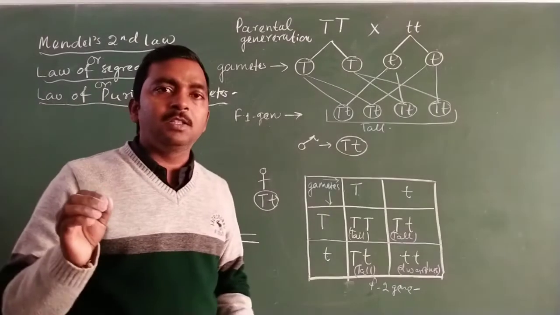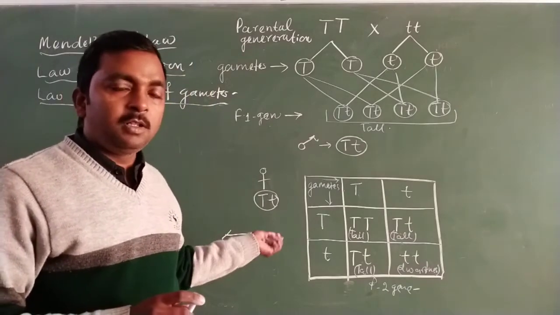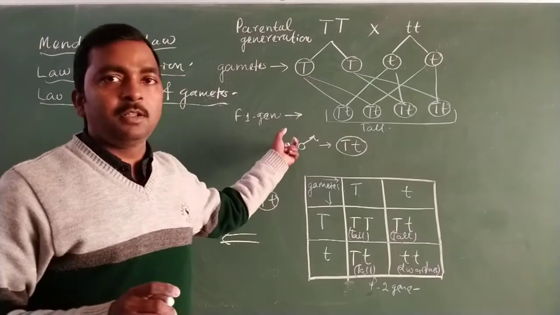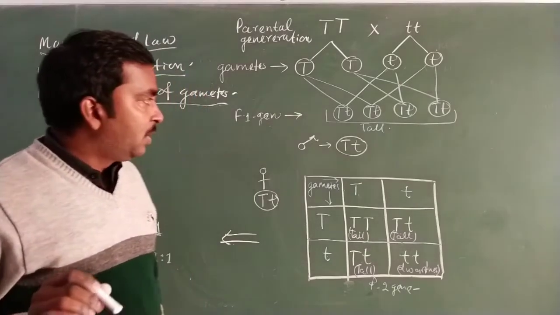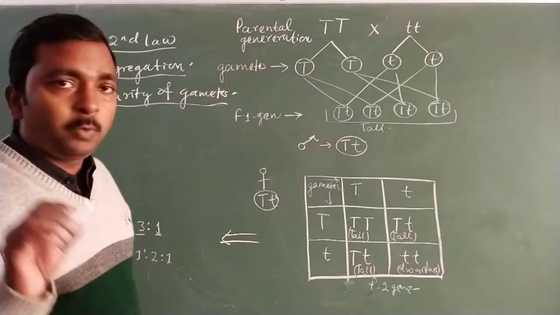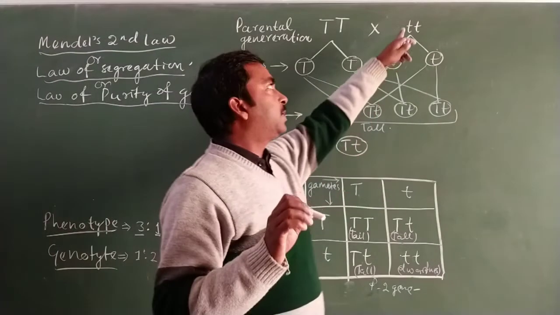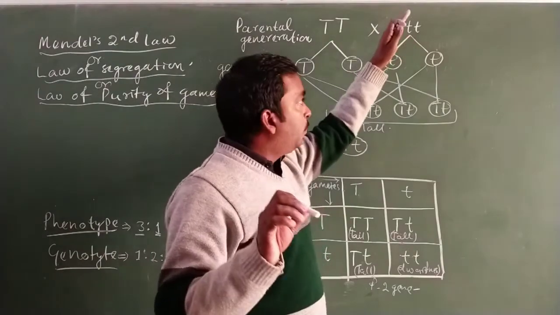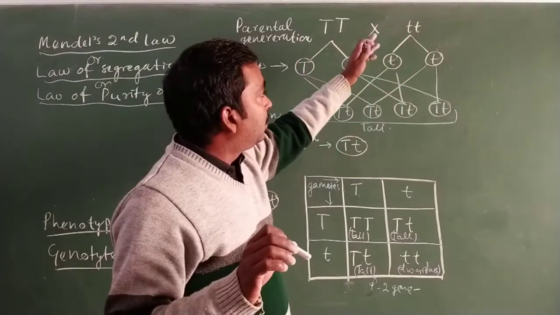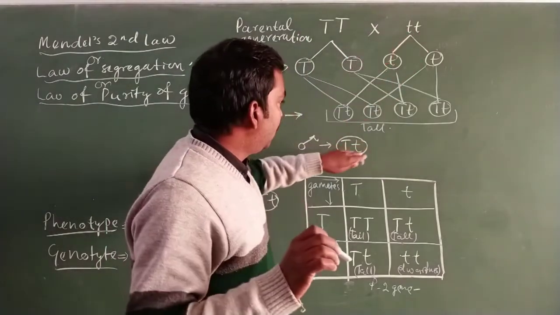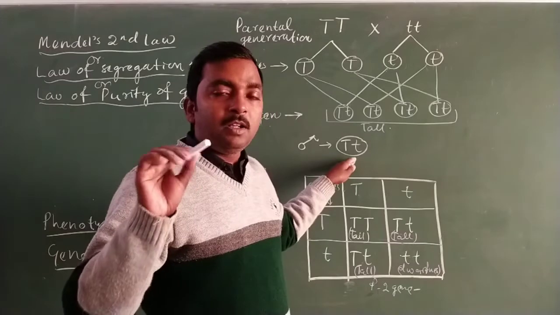So what is the law stated on the basis of the result in the F2 generation? Because in the F1 generation we have calculated one law, that is the law of dominance. So we can easily observe that one of the traits, that is the trait of dwarfness, only appears in the parental generation. This trait disappears in the F1 generation.